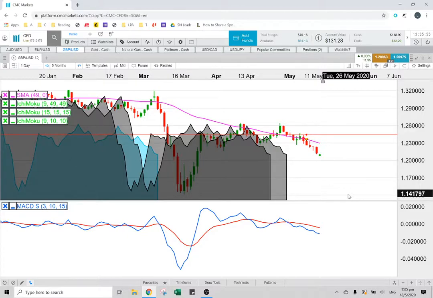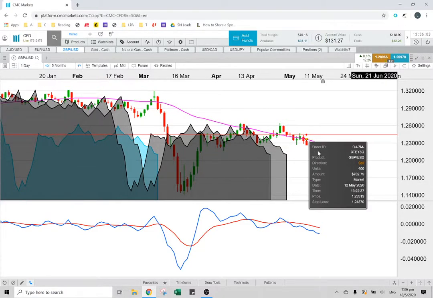So we want to be careful. We might want to move our stop loss as well. So we move a trailing stop.